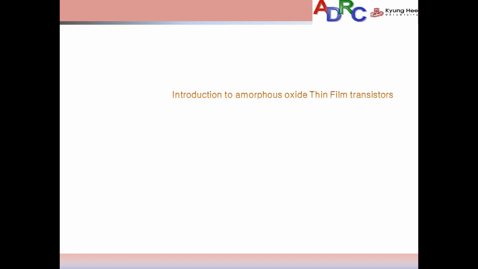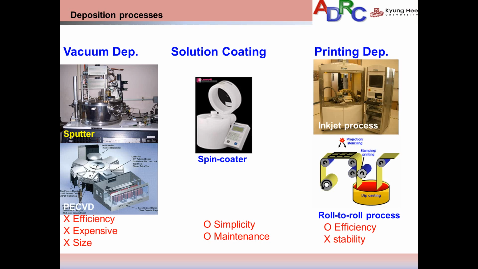Let's have a look at thin film transistors based on oxide semiconductors. How to deposit them? There are different techniques. One of them is vacuum deposition: sputtering and PECVD, which stands for plasma enhanced chemical vapor deposition.